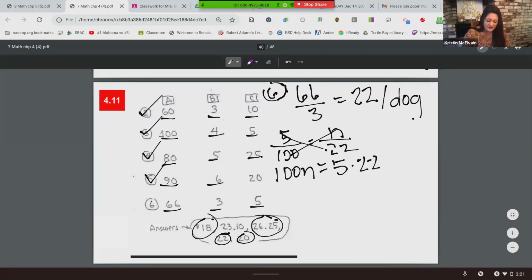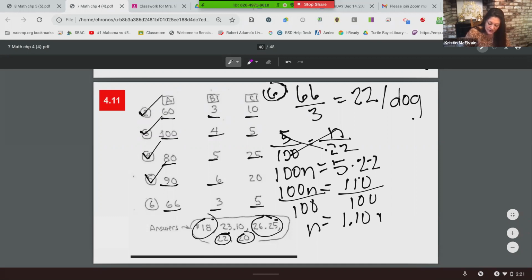So I know 5 times 20 is 100, plus 5 times 2 is 10. So it's going to be 100 n equals 110. Divide both sides by 100. So that's where we get our $1.10 raise.